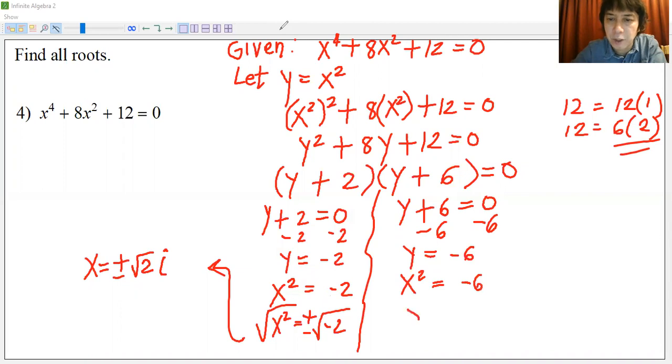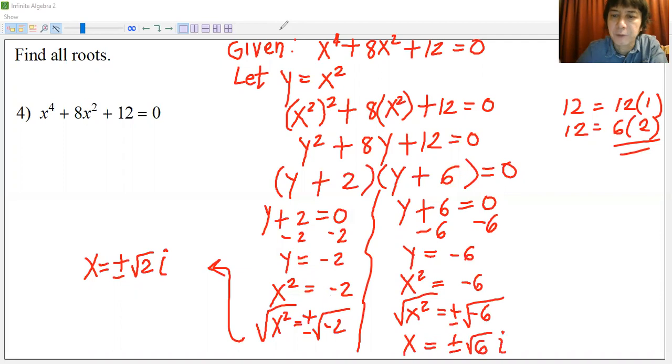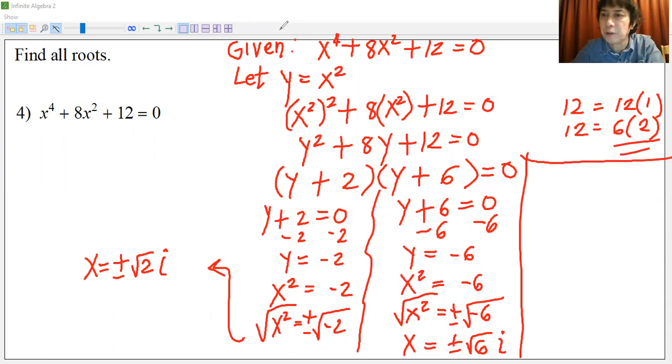And then we get the square root, plus or minus. x is plus or minus square root of 6 imaginary there. Okay, so now all the 4 roots are solved. We can enumerate them here.